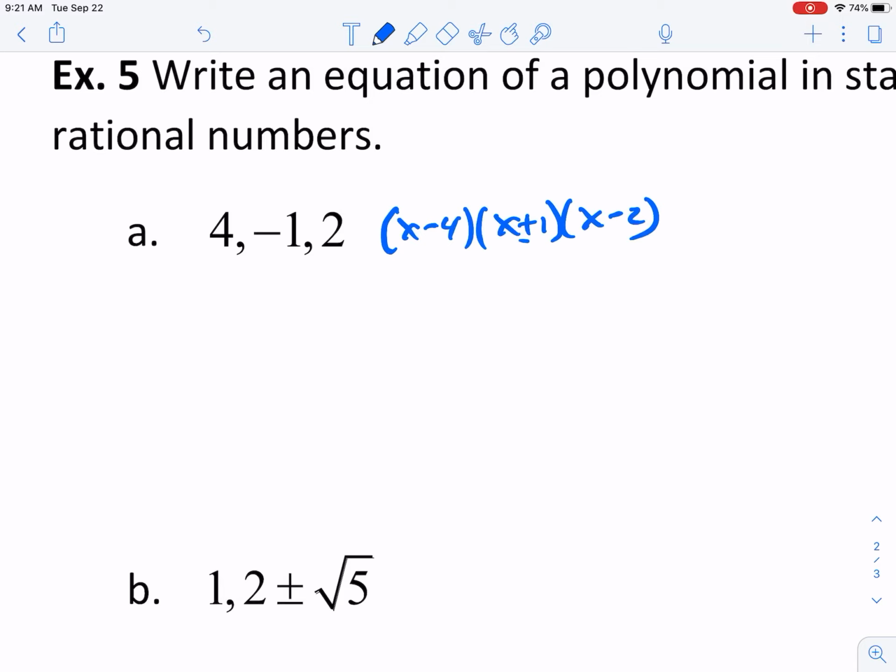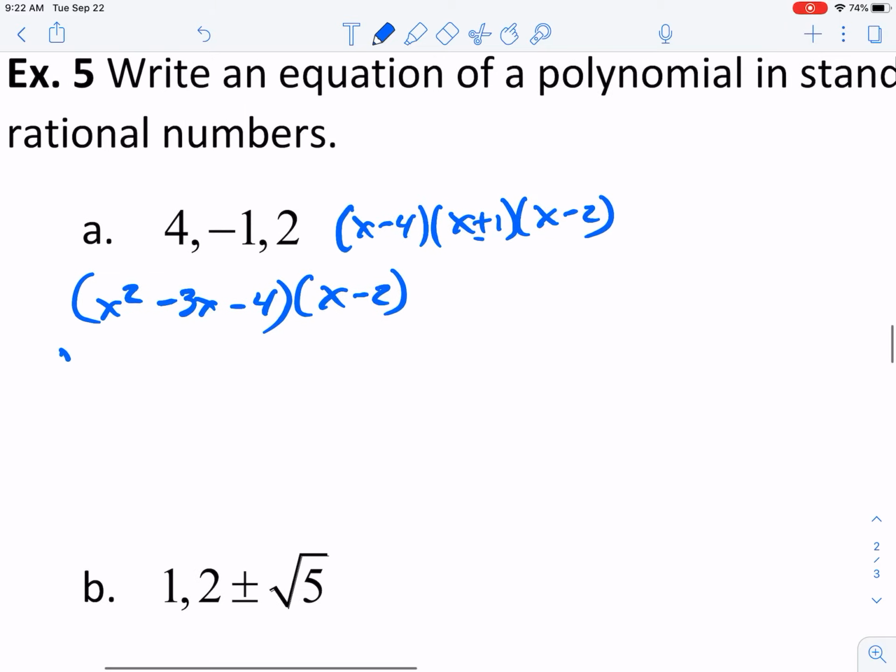Now you FOIL. I FOILed the first two and got x squared. I have minus 4 plus 1 is minus 3x minus 4. And then I have to multiply it by this. I just went ahead and FOILed the whole thing out. So I got x cubed minus 2x squared. Then I did this one.